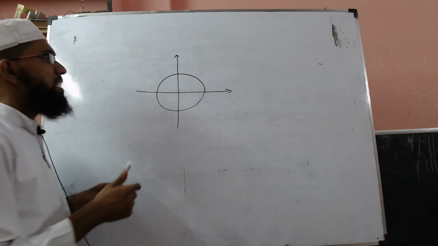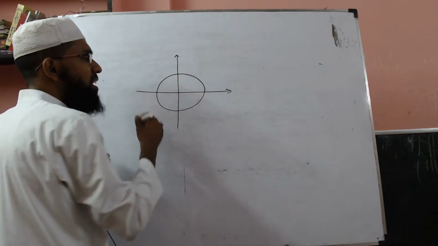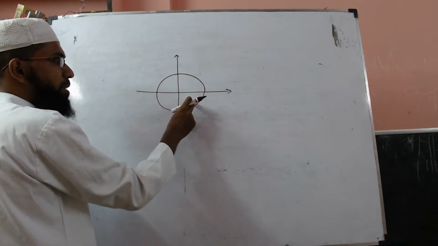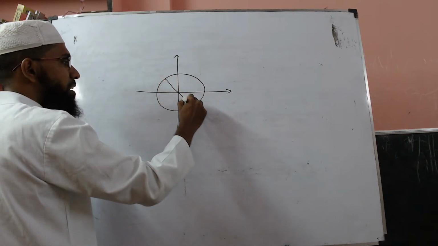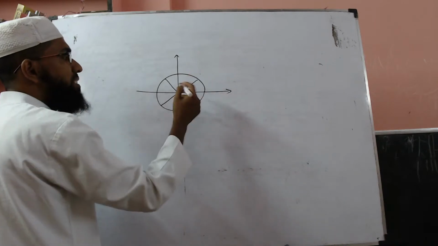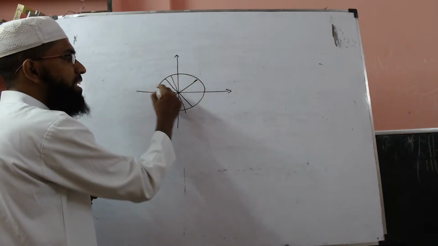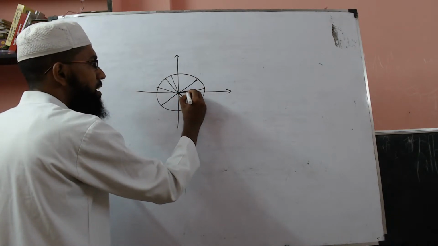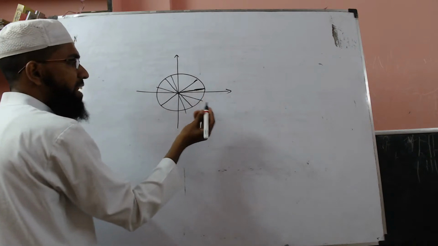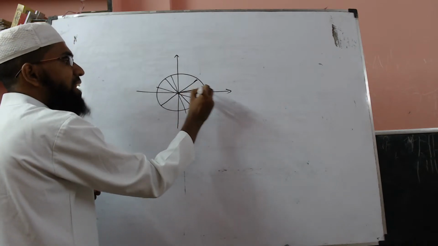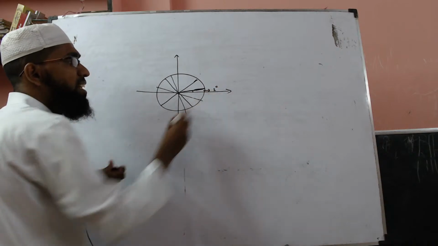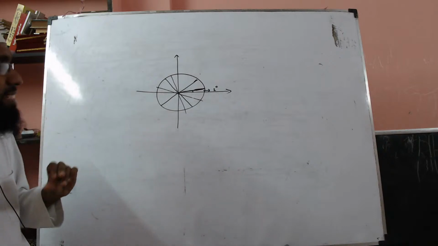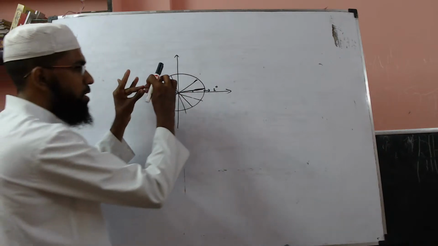Now, if I split the circle into 360 equal parts, like with 4 equal parts, then 8 equal parts, I'll get one small region like this. That angle we call 1 degree.